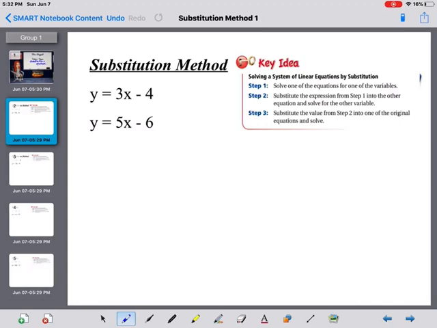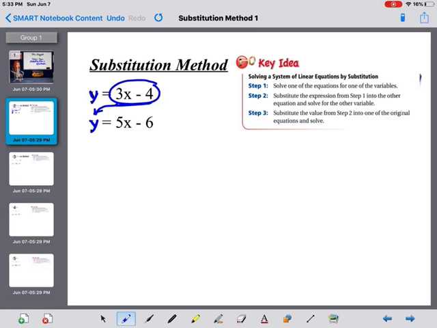So for step number 2, what we're essentially doing is substituting. For these two equations, they both say y is equal to a certain expression. We have y equals 3x minus 4, and we have y equals 5x minus 6. Since the top equation tells me what y is equal to, and I have a y in that second equation, I could take this whole expression and put it in place of the y in the second equation.